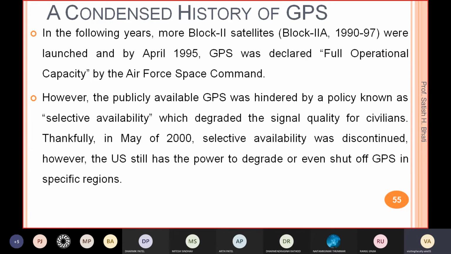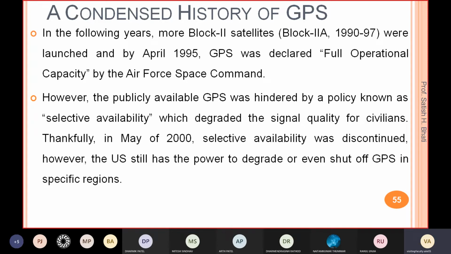In the following years, more Block 2 satellites were launched. The Block 2A satellites were launched during 1990 to 97, and by April 1995, GPS was declared to be at full operational capability by the Air Force Space Command.